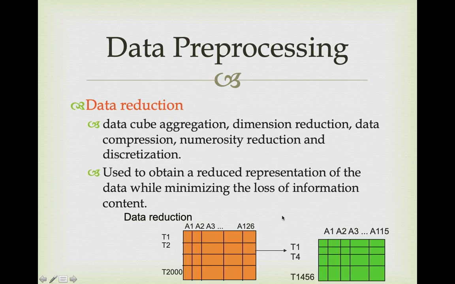Okay. Data reduction: data cube aggregation, dimension reduction, data compression, numerosity reduction, and discretization are used to obtain a reduced representation of the data while minimizing the loss of information content. So as I mentioned, we reduce the data.